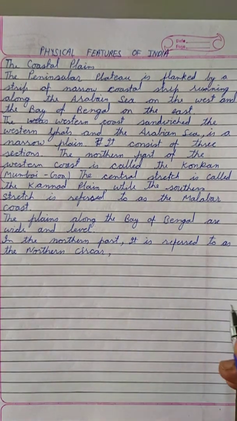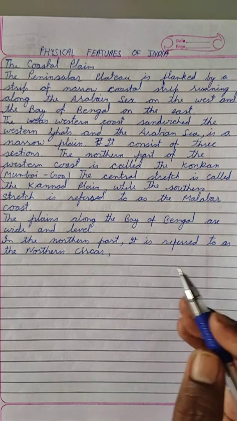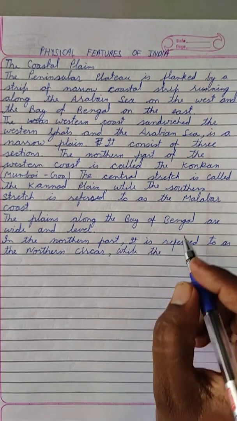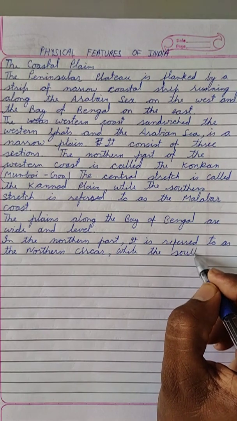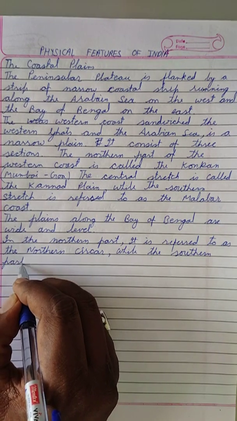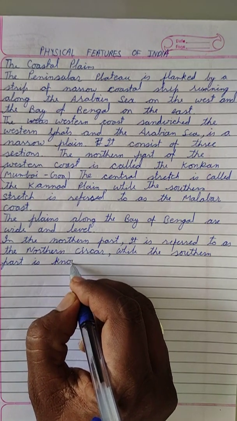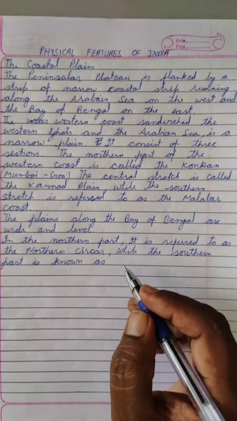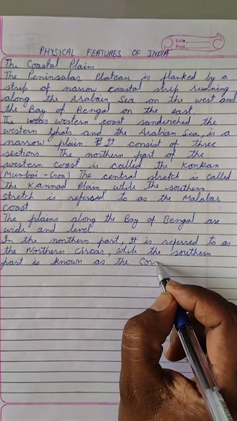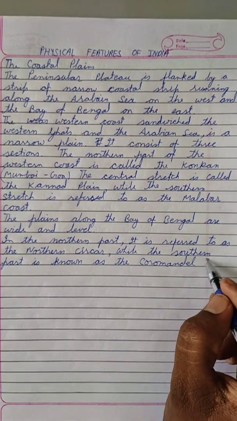So again we can say that the eastern coastal plains are also divided into two, while the southern part is known as the Coromandel coast.